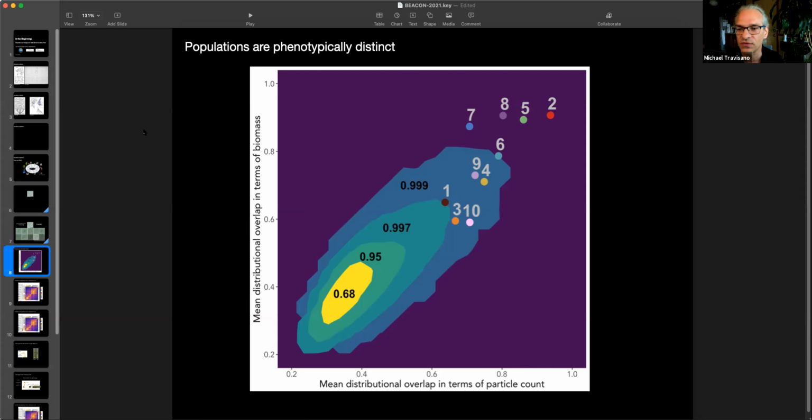The distributions of sizes of those 10 replicates are quite different. The diversity across populations is much greater than the diversity within populations. So after just a few weeks of selection you can easily distinguish the populations from one another, just from single clones from those populations, based on how big each individual is.